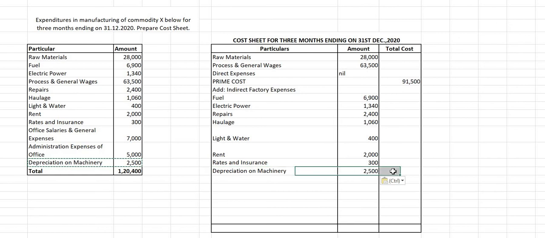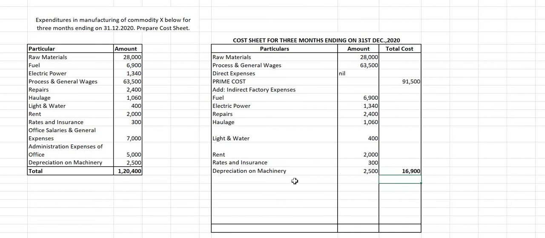So let's add these items: 6900 plus electric power plus repairs plus haulage plus light and water plus rent plus rates and insurance, and lastly depreciation. Now the total comes out to be 16,900.